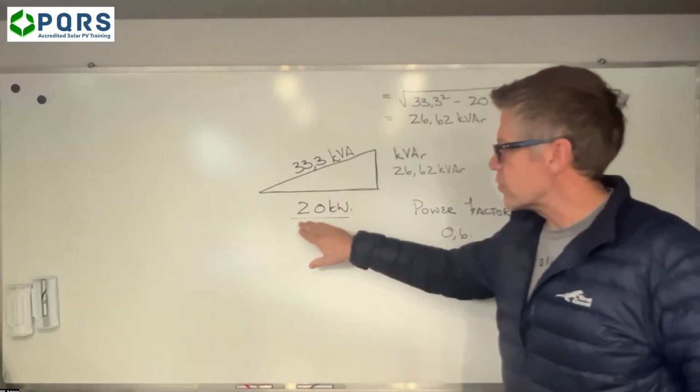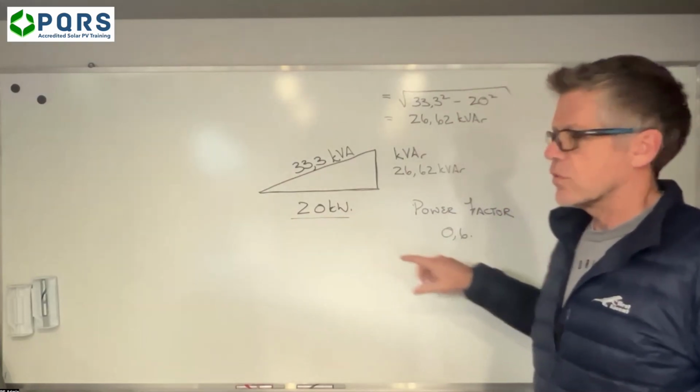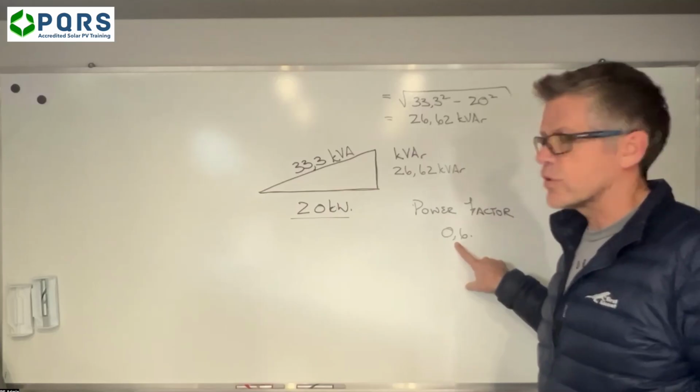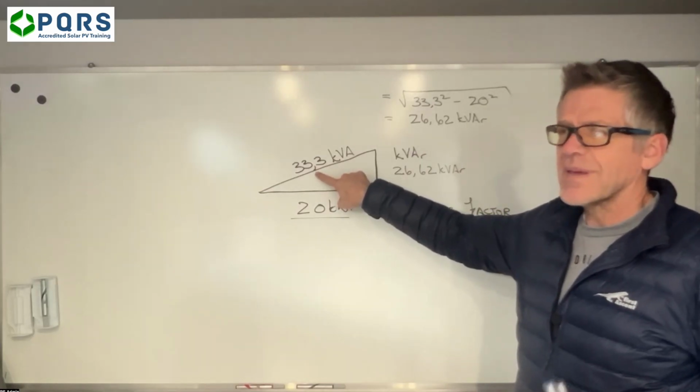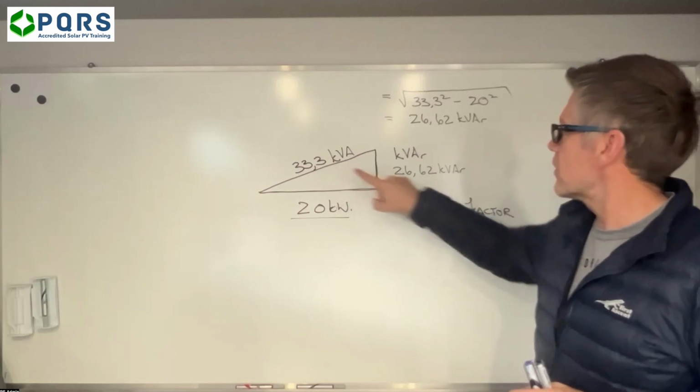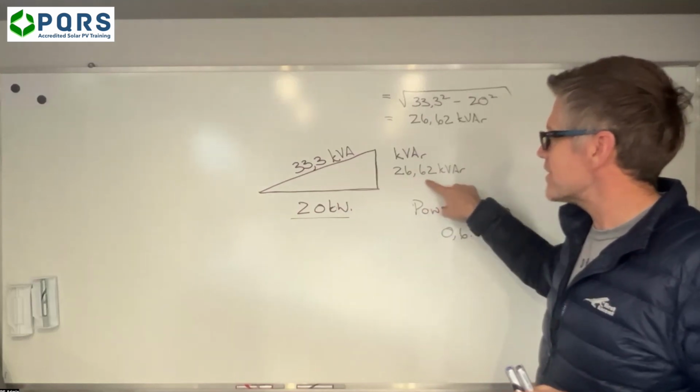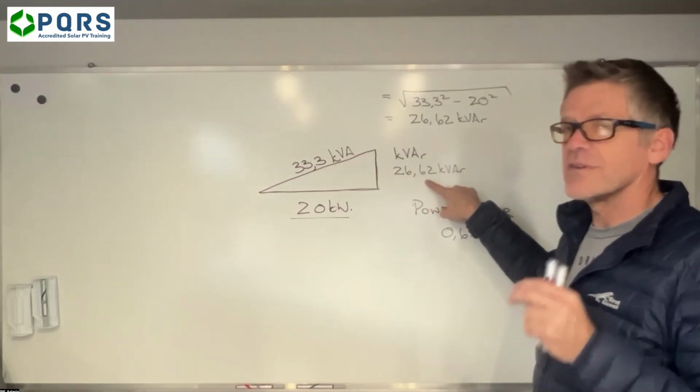So if we have a 20 kilowatt load, we have a power factor of 0.6. We have 33.3 kVA of apparent power, and we have 26 kVAr of reactive power.